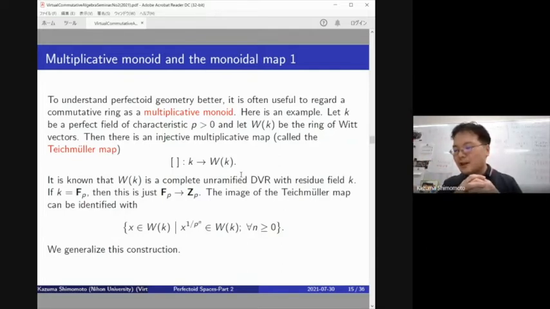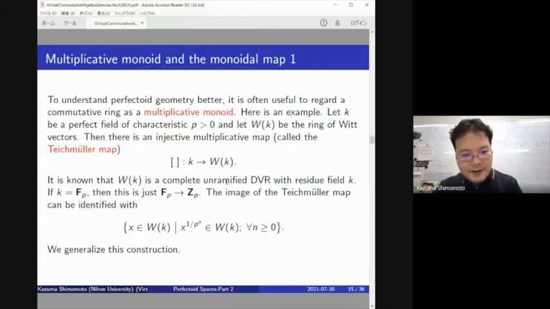You have to take p-power roots of p, quite a huge extension, so it's really a non-Noetherian object. But eventually, we want to understand something which is Noetherian. Then we have to take higher and higher extensions in order to get information back to the original Noetherian ring. So this is somehow ascending to the top, then descending down.